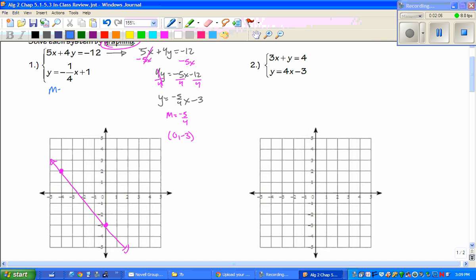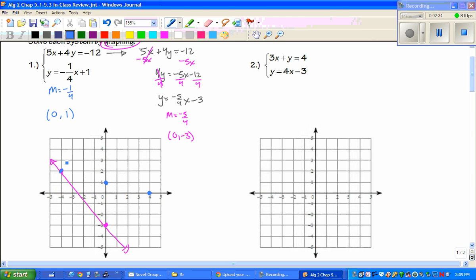Now the next one's already in slope-intercept form. We get negative 1/4, I'm sorry, and then our y-intercept is 0, 1. Mr. Grice can't talk right now. Okay, so I have to go down 1, to the right 4. Okay, and now do the exact opposite, and there we go.